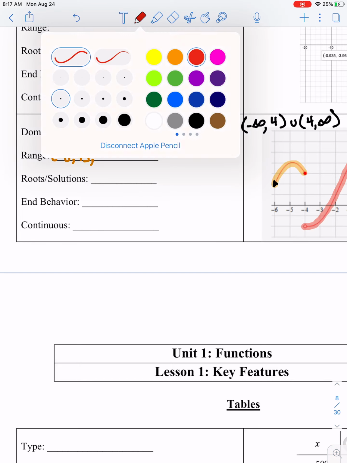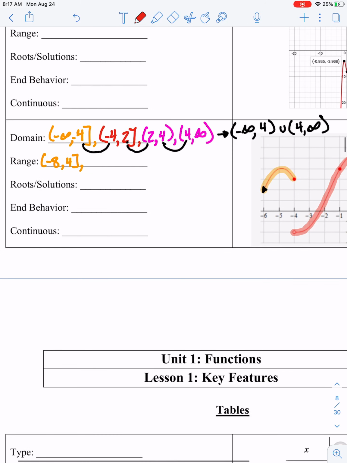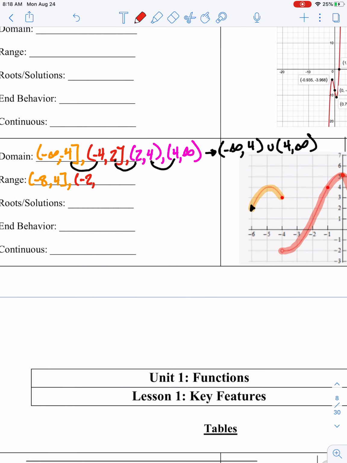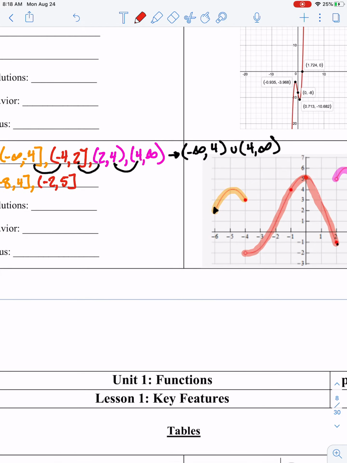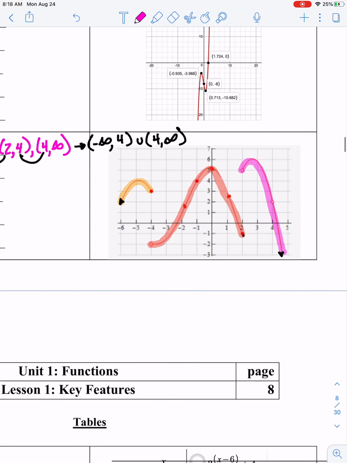Then red, smallest x value is -2. So open dot. And the biggest y value, we're just going to call this 5. I know it's a little over, but for this example, and again, if you don't see a dot, you can assume it's closed. Then we go to purple, again starting with the smallest value, which is negative infinity.